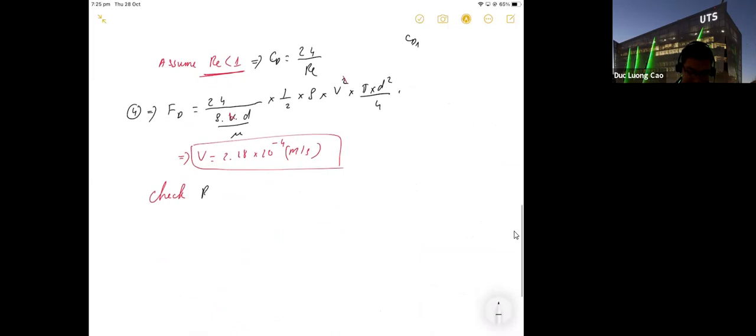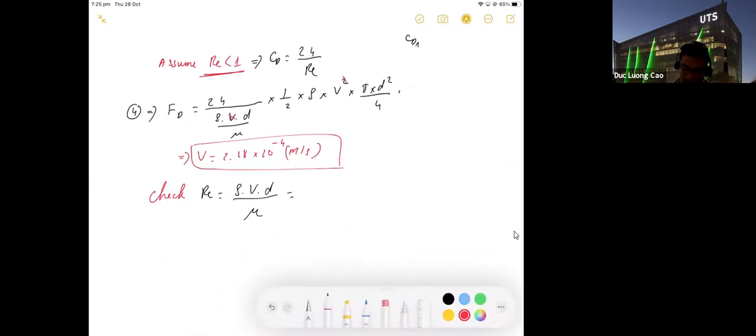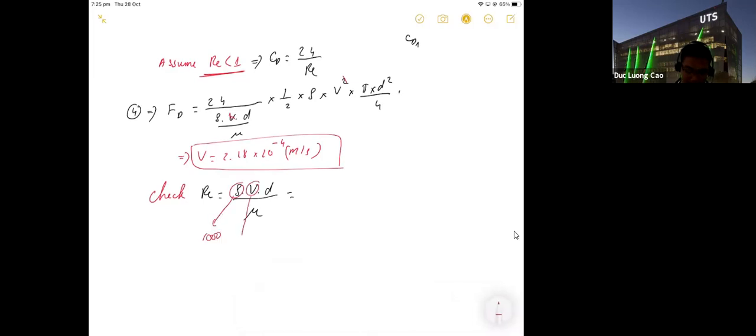Check the Reynolds number, rho V D over mu. Here rho is 1000, V is 2.18 times 10 minus 4, very slow, and D is 2 times 10 minus 5, a very small particle. The viscosity is 1.002 times 10 minus 3, the viscosity of water at 15 or 20 Celsius.